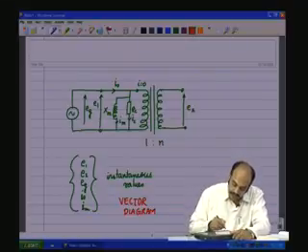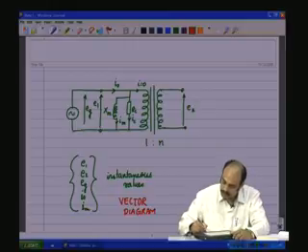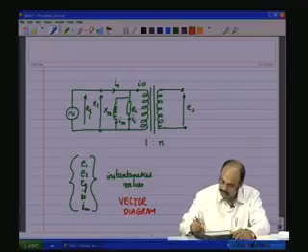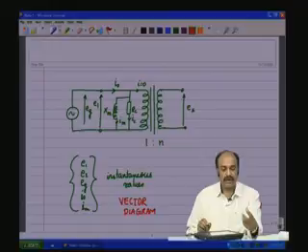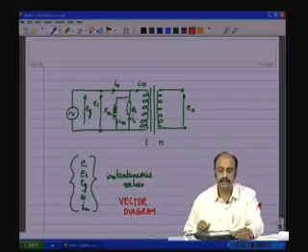And if we are drawing the phasor diagram, we said that the values of the vector represent the RMS values, the root mean square value or the effective values of the quantities.